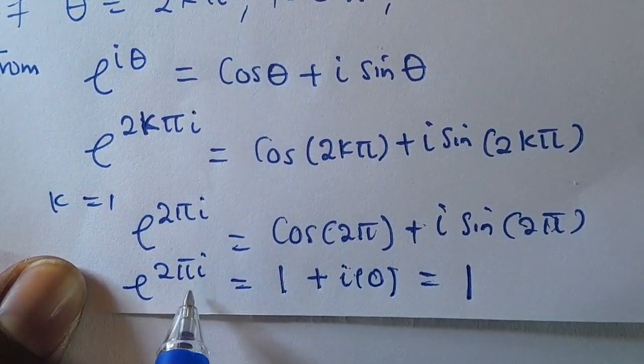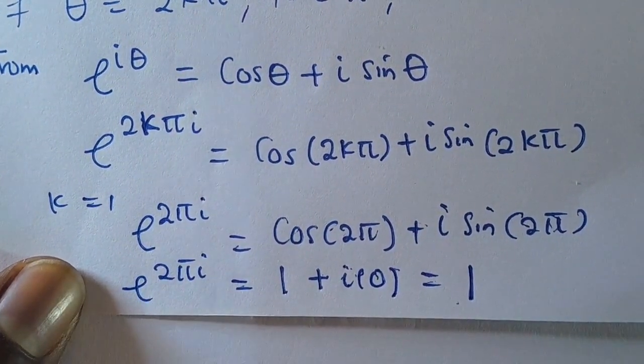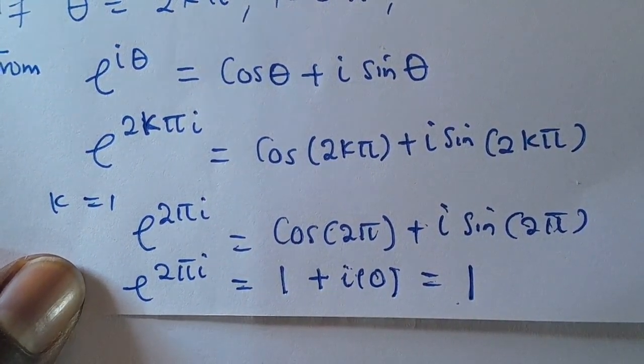So e to the power of 2 pi i equals 1 when k equals 1.